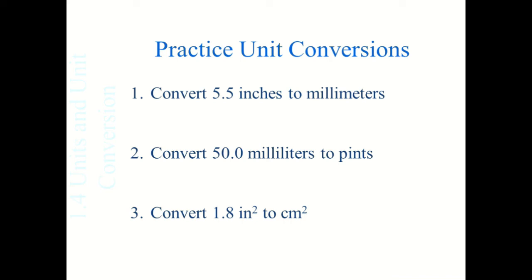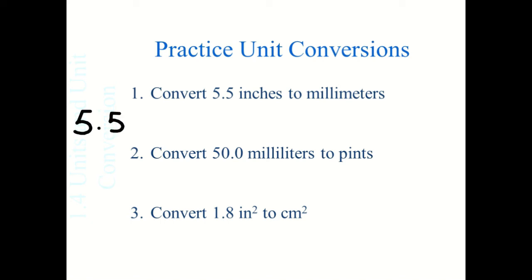Alright, now let's look at some practice here. 5.5 inches, to 2 milliliters. Let's first just set it up. Instead of going through all the calculations, which is less important, if we set it up correctly, the calculation part will be easy. It's the setup that is difficult.